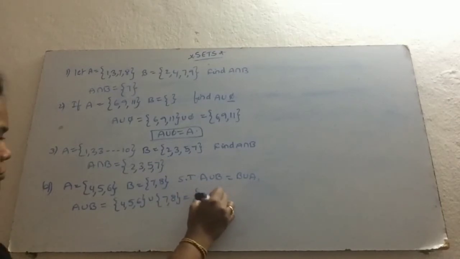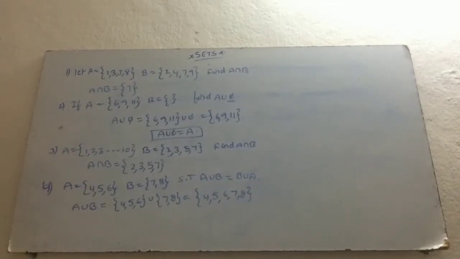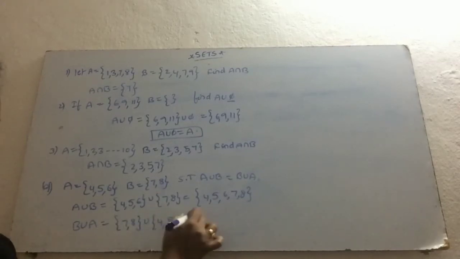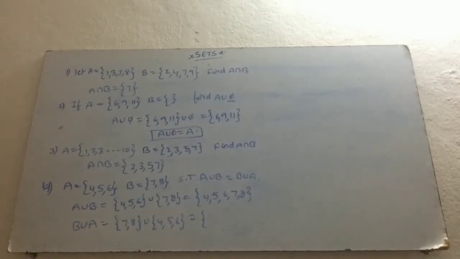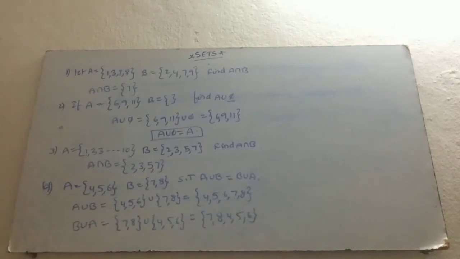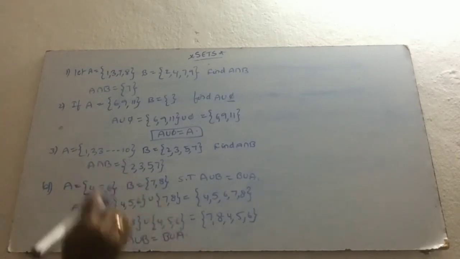That equal to {4, 5, 6, 7, 8}. Union means combining the elements. And B union A, that is equal to {7, 8} union {4, 5, 6}. That means {7, 8, 4, 5, 6}. So both are equal. So that means A union B is equal to B union A.